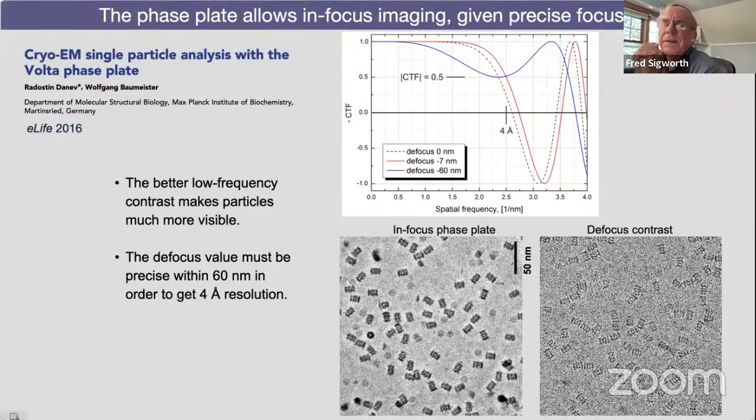So we're actually really lucky that we can estimate the amount of defocus very precisely just from looking at a micrograph. But if you take an in-focus picture with a faceplate, it turns out that it's very hard to determine what the amount of defocus was. And so this is technically a lot harder than you might imagine to acquire data this way.